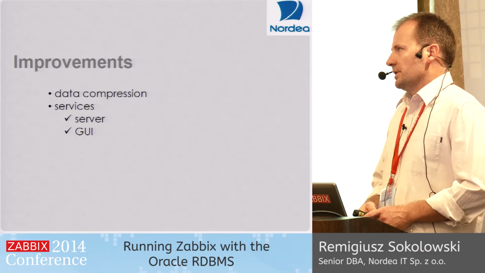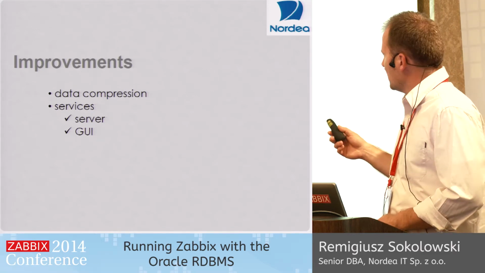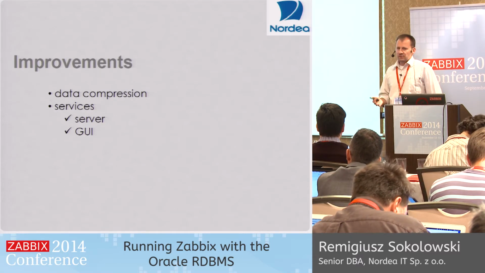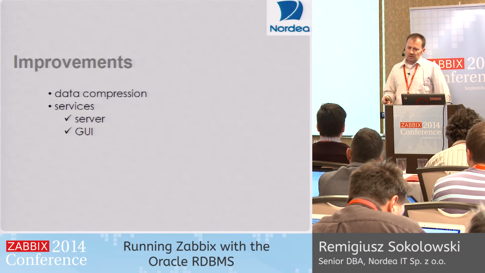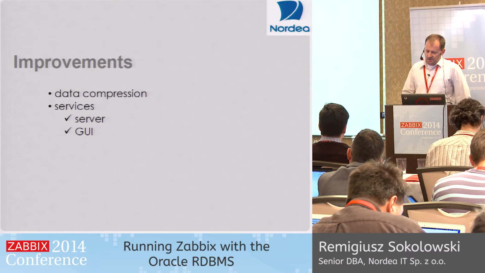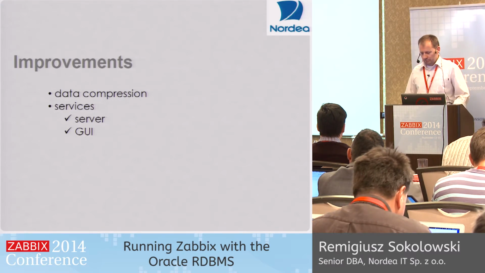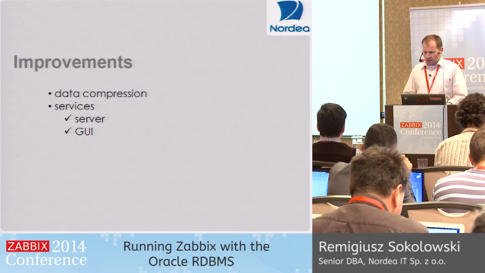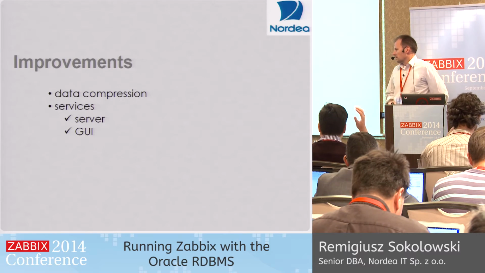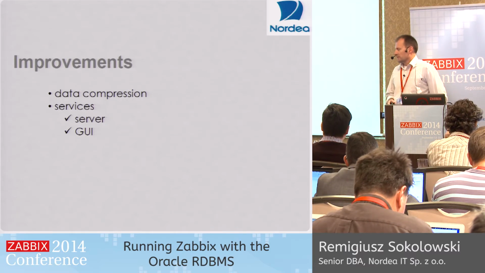The only overhead is when you write it down, and because of the nature of the monitoring system, there are actually no updates on the data. So we have only pros when we use this compression.